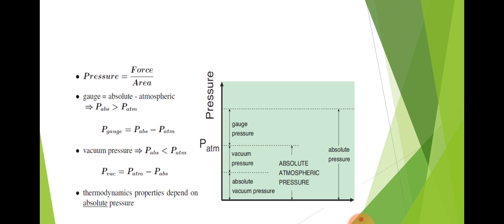The height of the mercury column also varies with the altitude above or below sea level. As shown in the figure, we divided the pressure into 3 types: absolute pressure, vacuum pressure, gauge pressure, and atmospheric pressure.